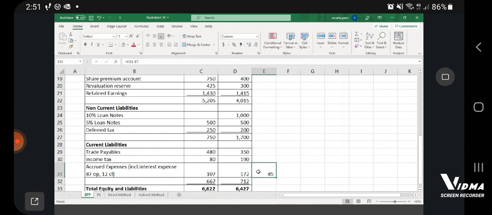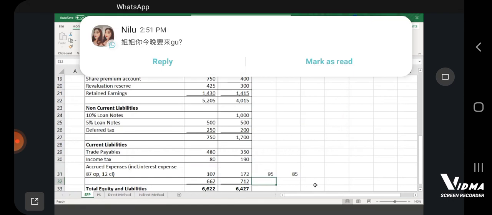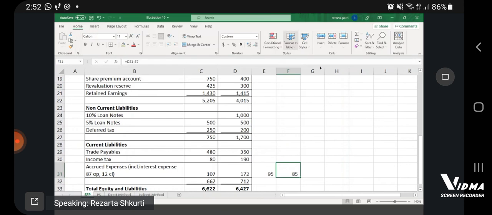Okay, this is the opening balance. Whereas the closing balance without the interest expenditure is 107 less 12, which is the interest. That means that the accrued expenses, except for the interest expense, have increased from 85 to 95. Okay? Increase of a liability means a positive cash flow.